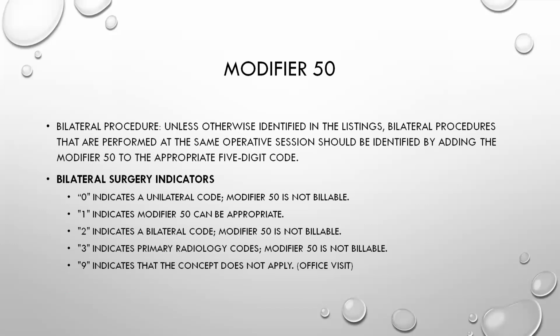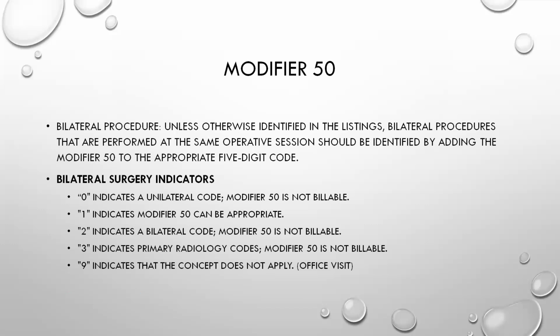And I did put the surgery indicators on here just to give you a little bit more context to that. So a 0 means that a modifier 50 is not billable. A 1 means that the 50 is appropriate. A 2 indicates that the modifier 50 is also not billable because it's already inherently a bilateral service.